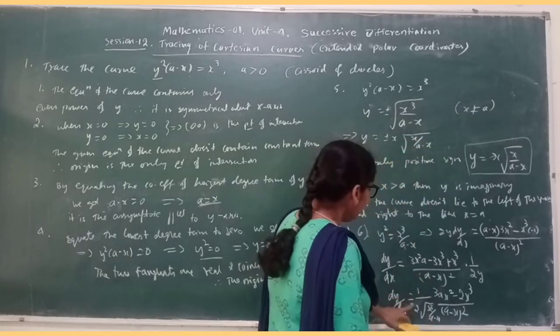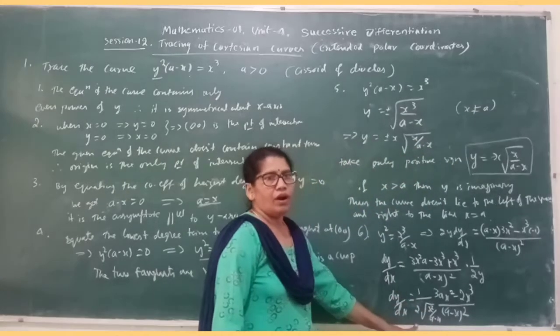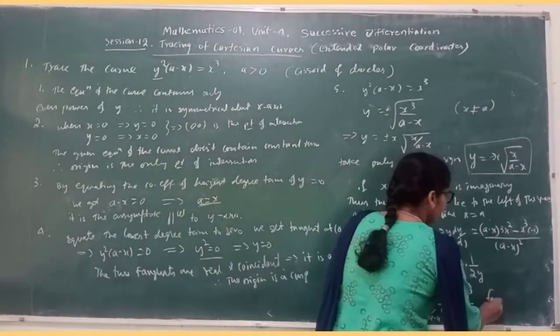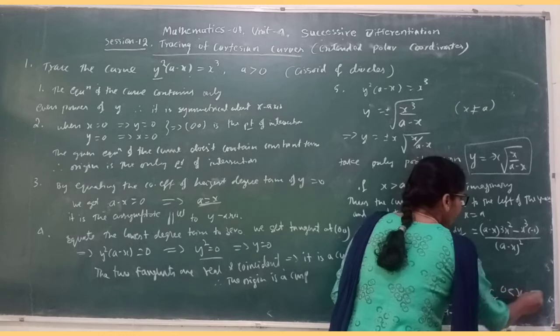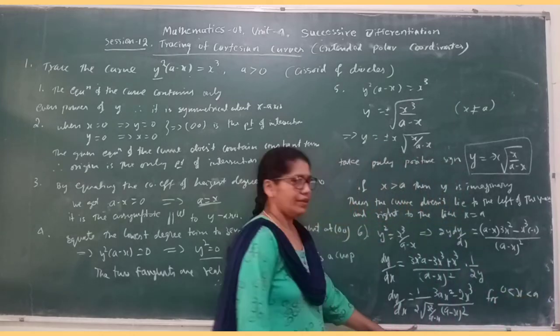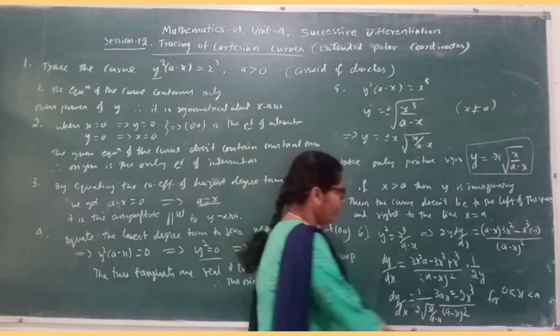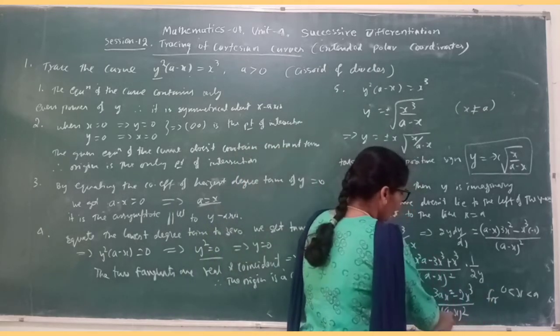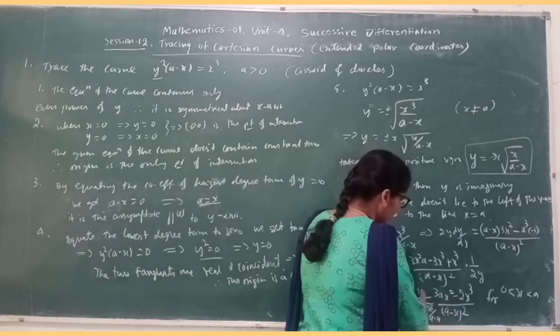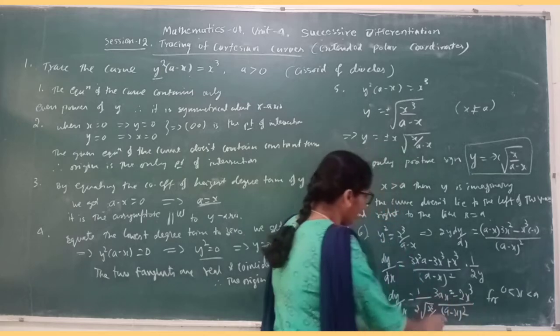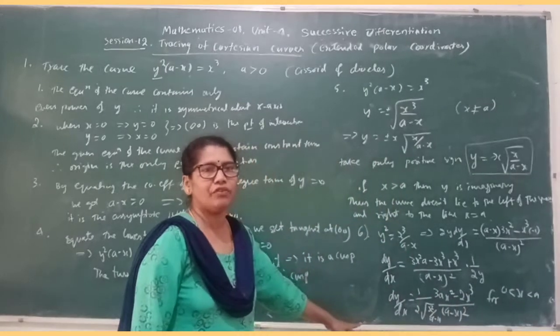Okay, then see this value, always it is greater than 0 for x lying between 0 to a. See, when you put x is equal to 0, then you will get the values here, that is 1 by 0 and these things, and simplifying always we get this as a positive value.